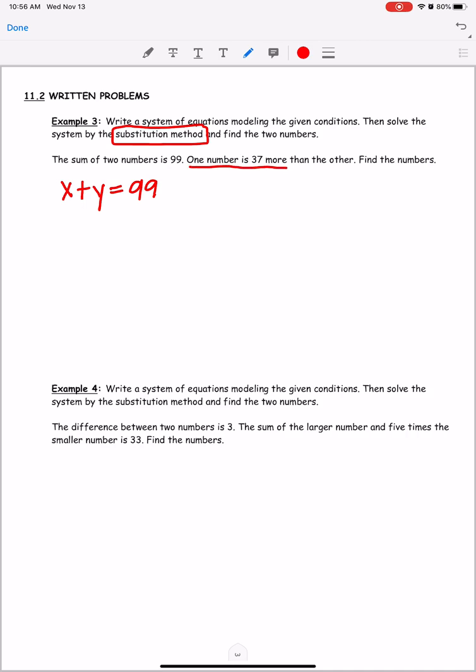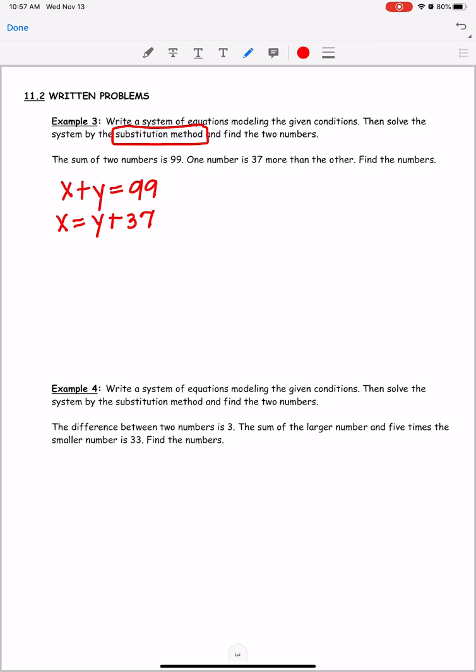Then it tells me that one number is 37 more than the other. Really doesn't matter which is which. So if I say my one number here is x, then my x equals, how do you represent 37 more than the other? It would be y plus 37. So whatever y is, I'm adding 37 to it, and that gives me x.